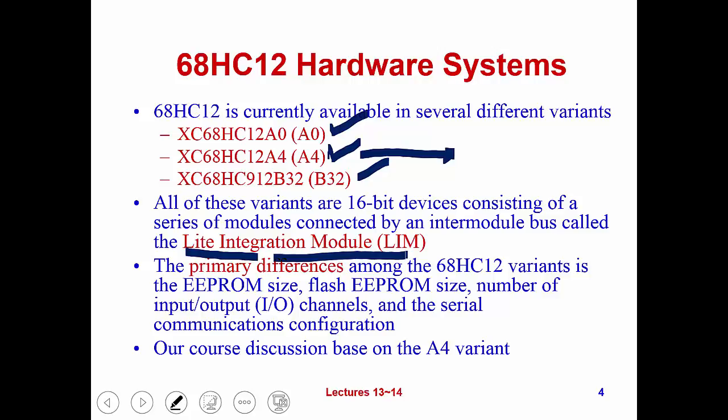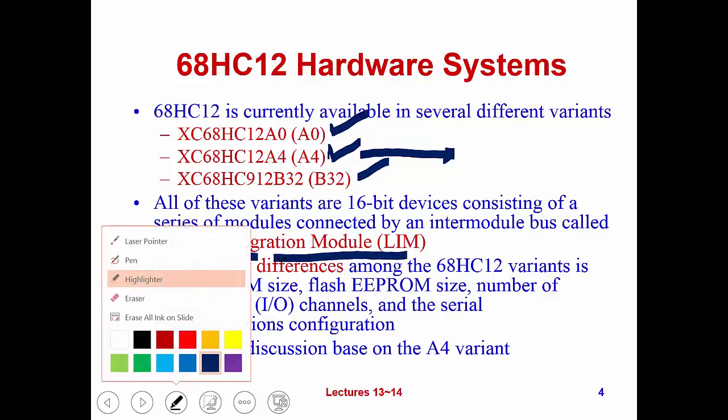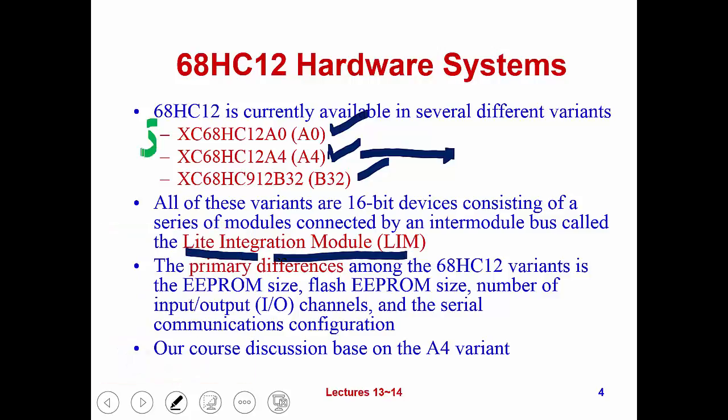They run pretty much the same microprocessor, but what's the main difference between them? It's about the memory size we configured. Here we mentioned the different EEPROM size, flash RAM size, and number of input-output ports, because they're designed for different applications.